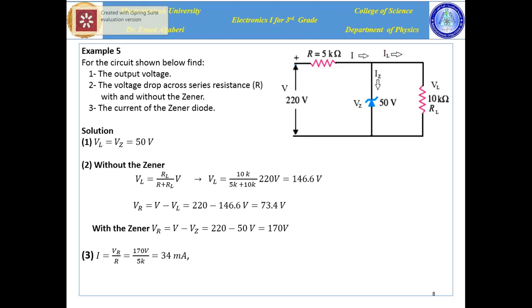The current passed through R is equal to V sub R over R, and this is equal to 34 milliampere. So we have I and I sub L. I sub Z is equal to the difference between I and I sub L, which is equal to 29 milliampere.